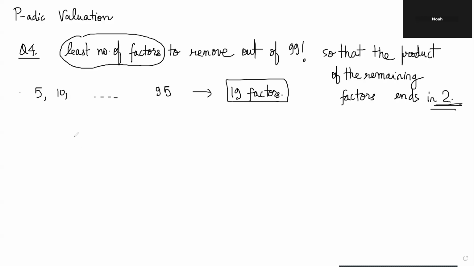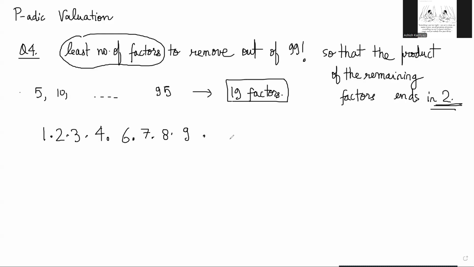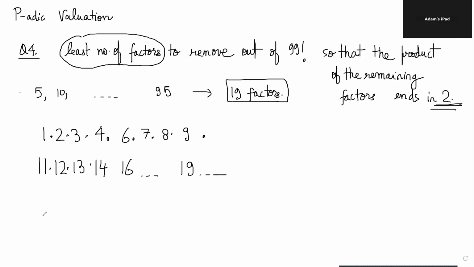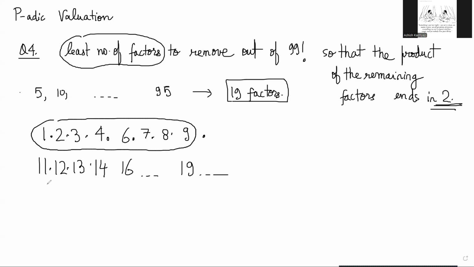Yeah. So far, what we have done is we have a product of 1 into 2 into 3 into 4, and then 6, 7, 8, 9, and then 11, 12, 13, 14, and 16, like this. By the way, you should realize that whatever is the last digit of this will be the same last digit if we had just done this, right?